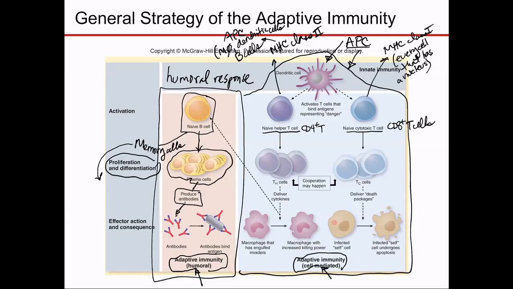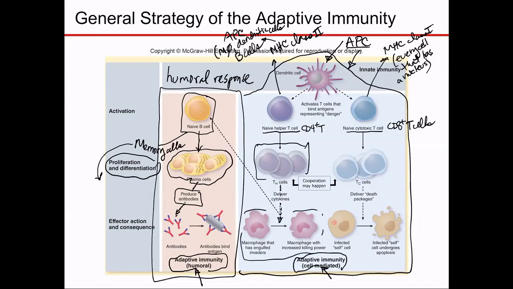Now, these T helper cells, after they get exposed to the antigen for that particular clone of T cell, they also will differentiate and proliferate to produce effector cells. Effector cells that now can produce cytokines. Cytokines that may help macrophages to become better in the process of phagocytosis.